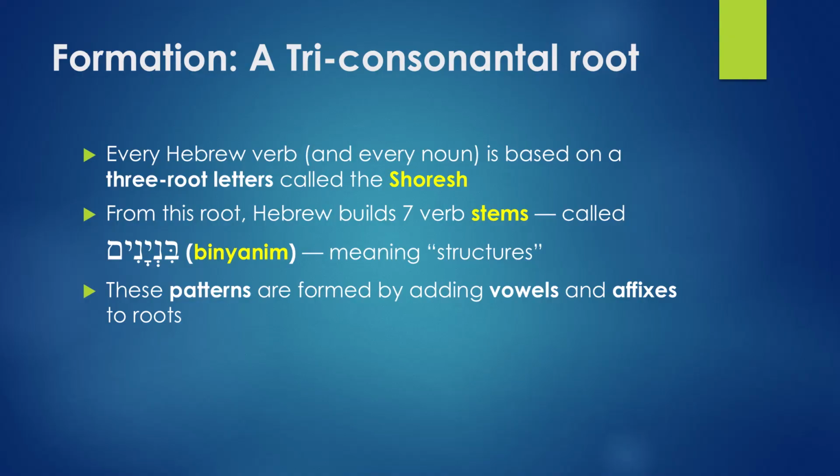They are built from a 3-letter root. The root is the one that carries the basic meaning. And these stems or patterns are formed by adding vowels and affixes. Affixes, remember, can be prefix, infix, or suffix. So these stems are built by adding a prefix or a suffix or an infix to the root. Now let me explain what this all means.